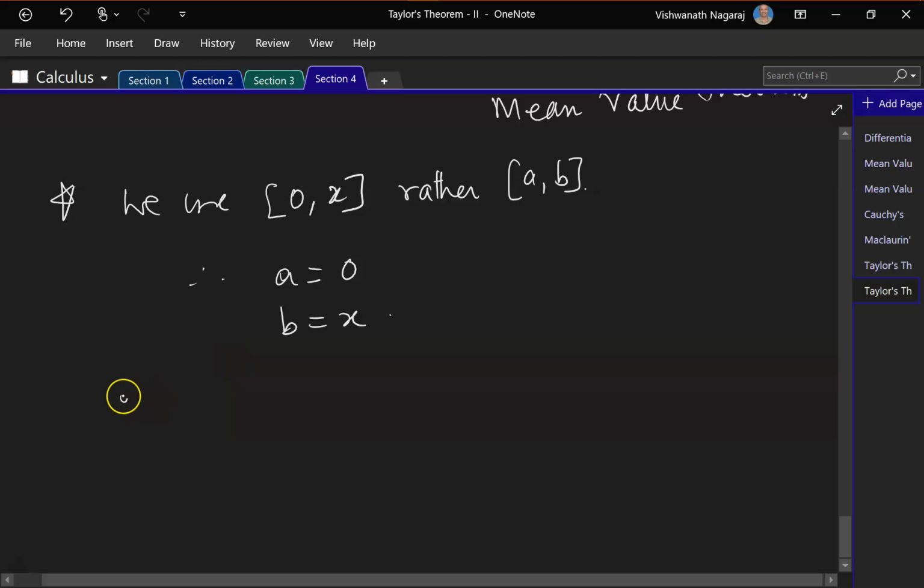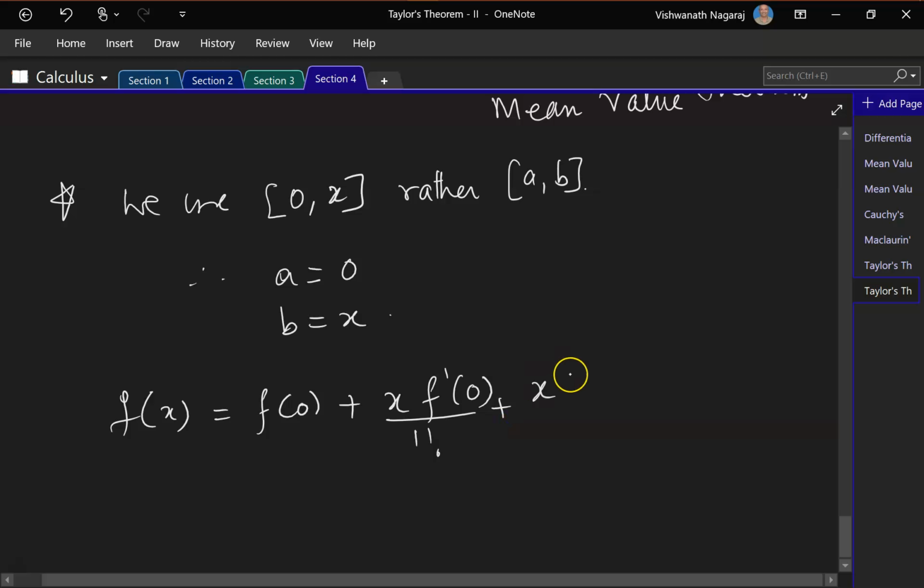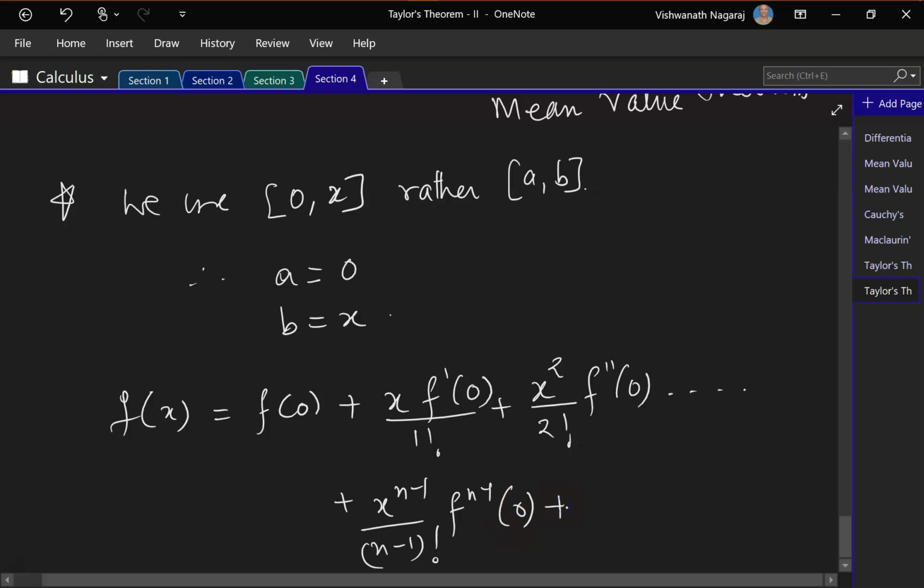So now if we do that, what happens? f of x is equal to f of 0 plus x minus 0, that is x, f prime of 0 by 1 factorial plus x minus 0 square, so that is x square by 2 factorial f double prime of 0 and so on, plus x to the power of n minus 1 by n minus 1 factorial times the n minus 1th derivative at 0 plus x to the power of n by n factorial f nth derivative of c.